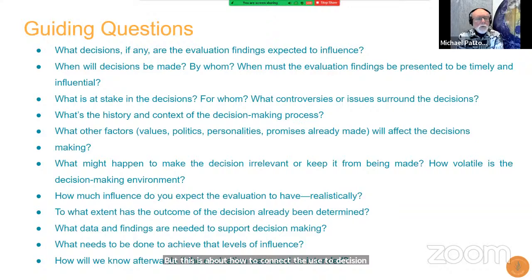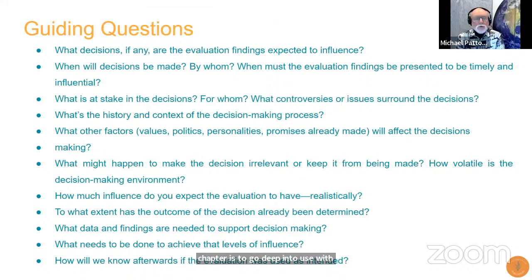Right, and the overall thrust of these questions that come from the book and this chapter is to go deep into use with the purpose of it, so that it's not just sort of blasé. People say, oh, what's your purpose of the evaluation? They say, well, accountability and learning.